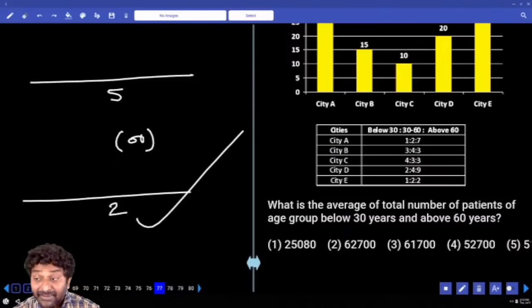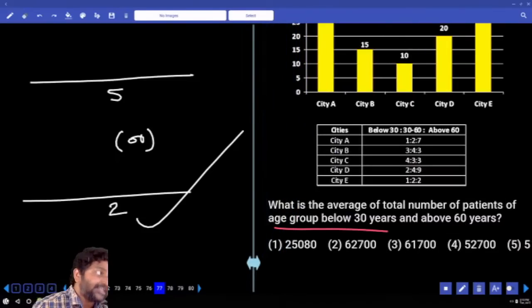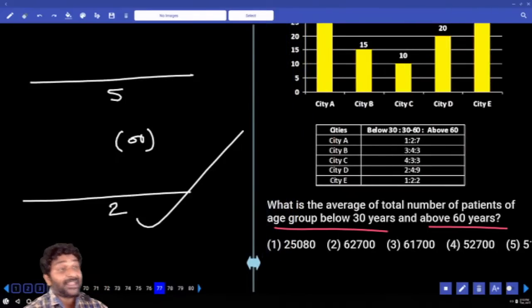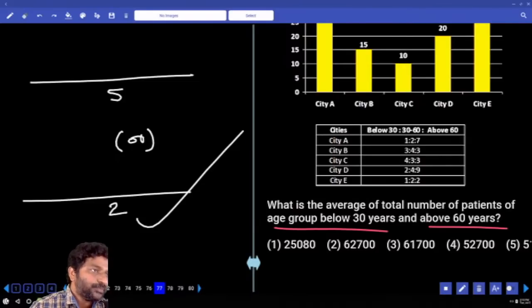This is the average for patients of the age category less than 30 and the age category above 60. It is for 2 categories that we need the average, so in the denominator you are supposed to write 2. Done.